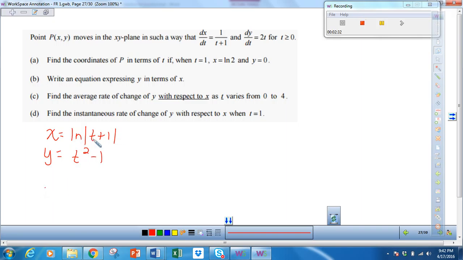So I'm going to solve for t here. So I get e to the x is equal to t plus 1. So t is equal to e to the x minus 1, and I just replace t in this expression with e to the x minus 1, and that was worth 1 point.